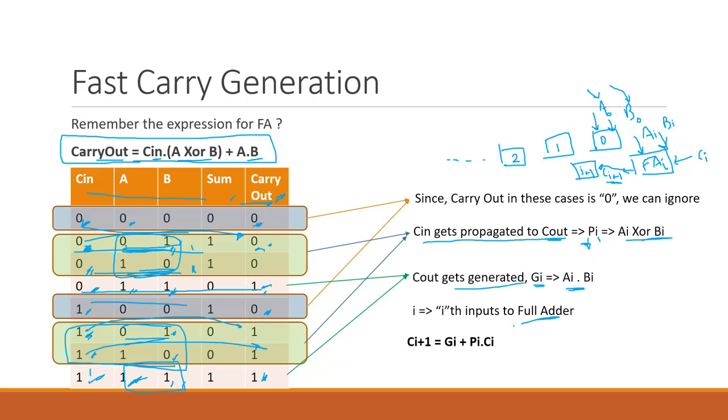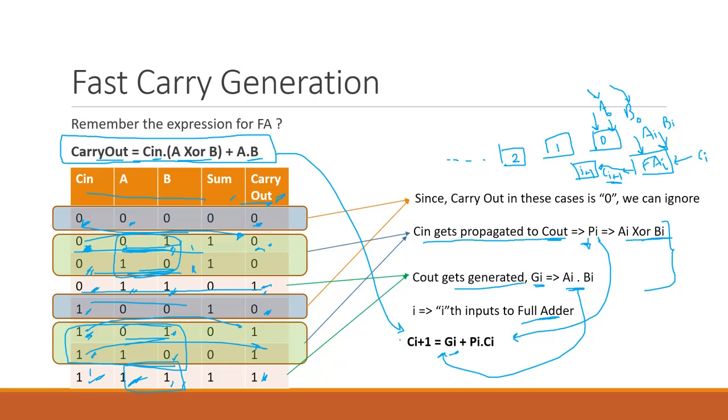Now if we club these two conditions, what do we get? Pi dot Ci, which comes from the first condition, plus Gi. So we are writing the same expression over here.